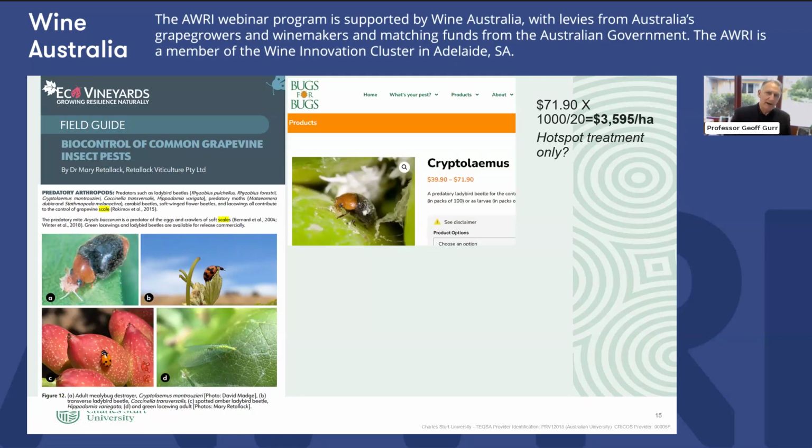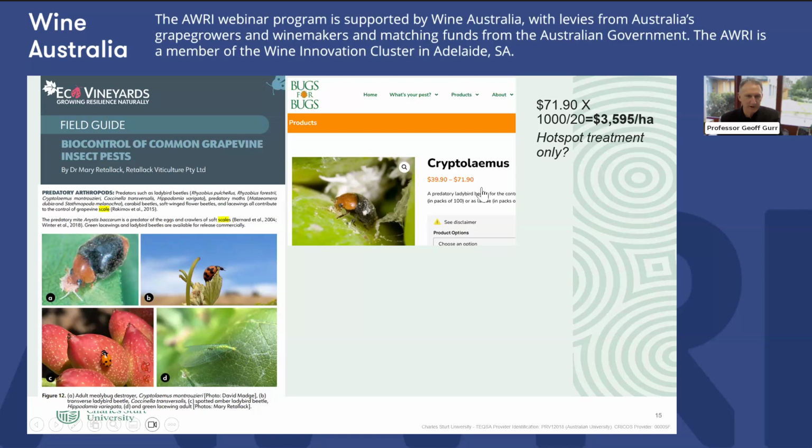But if we were to look at the possibility of doing mass releases of these predators as a way to more proactively suppress scale insects, the cost of this can be really quite significant.